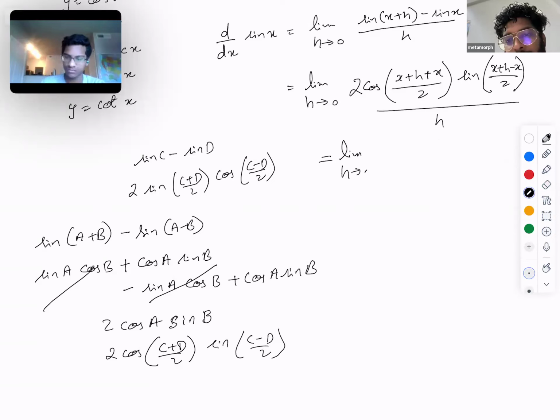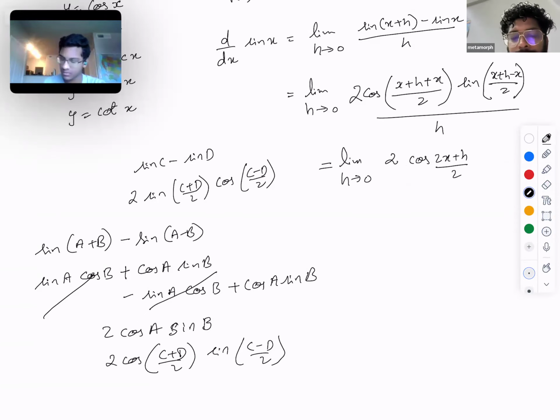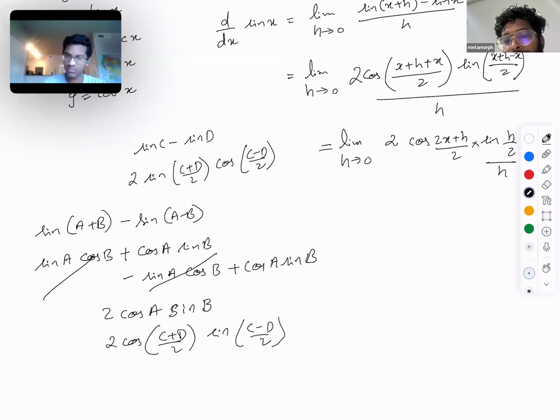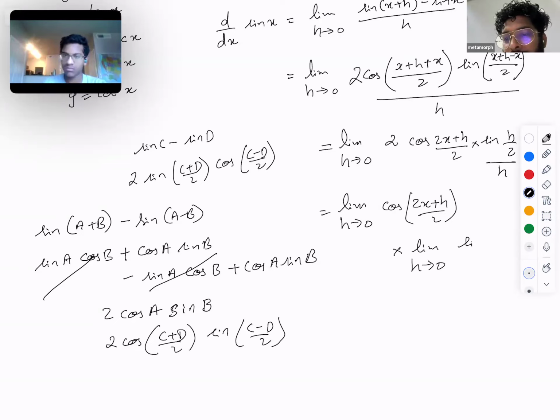Limit h approaches 0, 2 cos of 2x plus h over 2 into sine h over 2 over h. So that gives me limit h approaches 0 cos of 2x plus h over 2, multiplied by limit h approaches 0 sine h over 2 over h over 2.